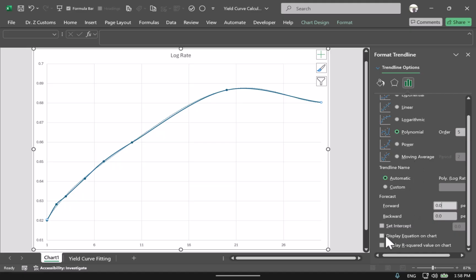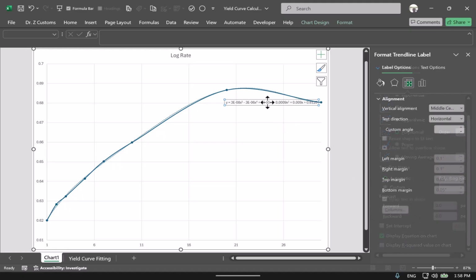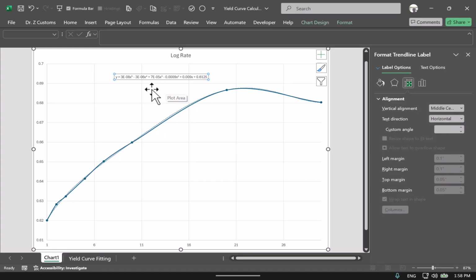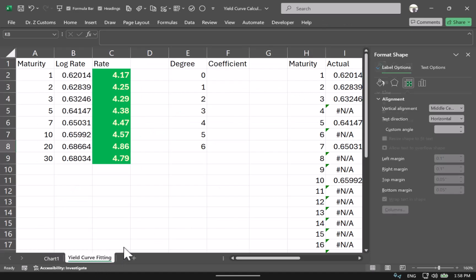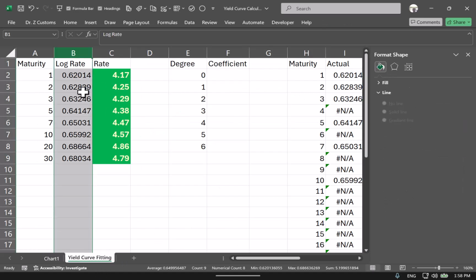So I'm going to say display the equation on the chart. Maybe let's do this. This may be a better one.